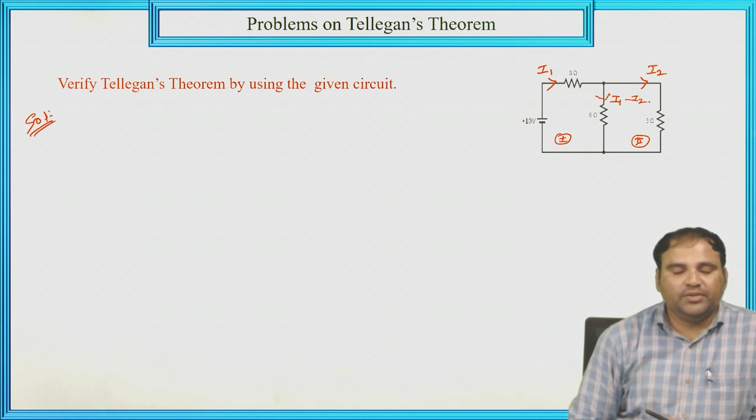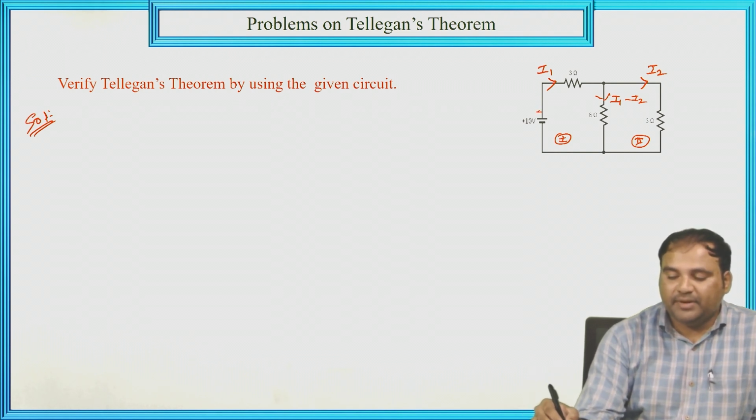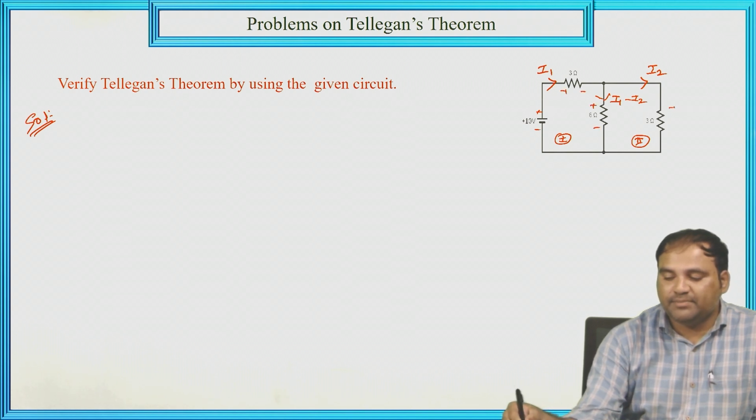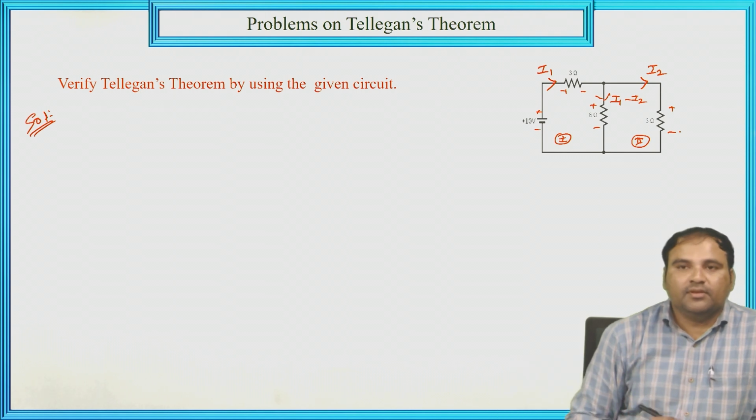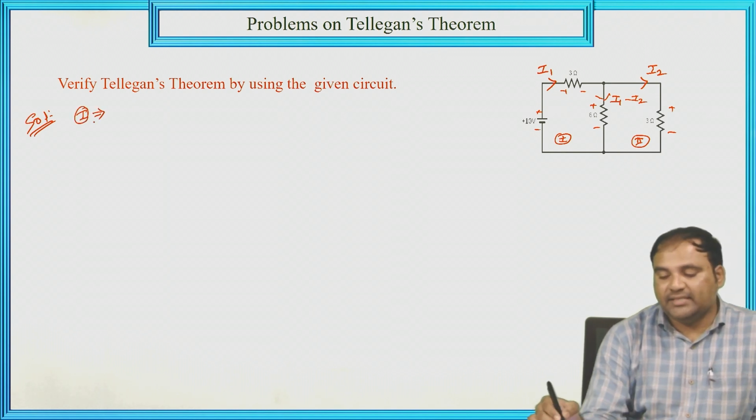Now assign the polarities: this is plus and this is minus, and likewise plus minus on the others. Now apply Kirchhoff laws, or apply KVL. We'll get the first loop equation; in this case I am starting from this point.